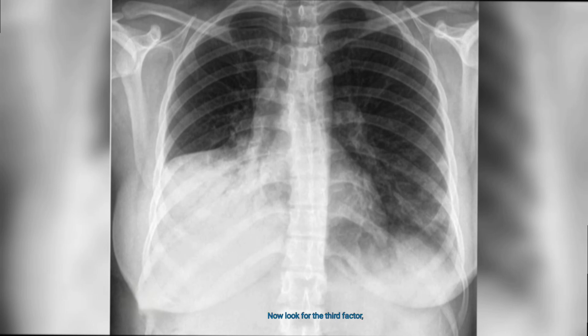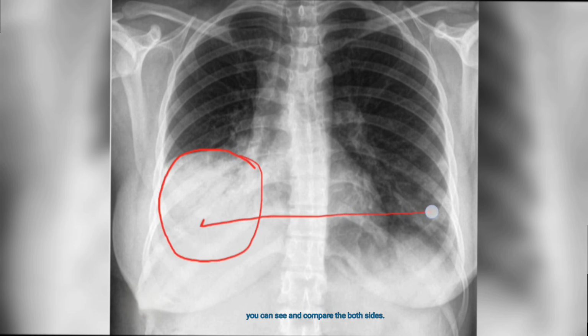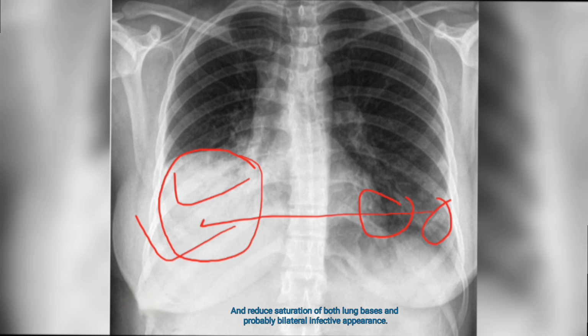Now look at the third chest X-ray. The image shows extensive bilateral lower zone opacities, but the right side lung is more severely involved. You can see and compare both sides. The findings are a large dense consolidation in the right lower lung, a patchy opacity in the left lower lung, and reduced aeration of both lung bases, probably a bilateral infective appearance.